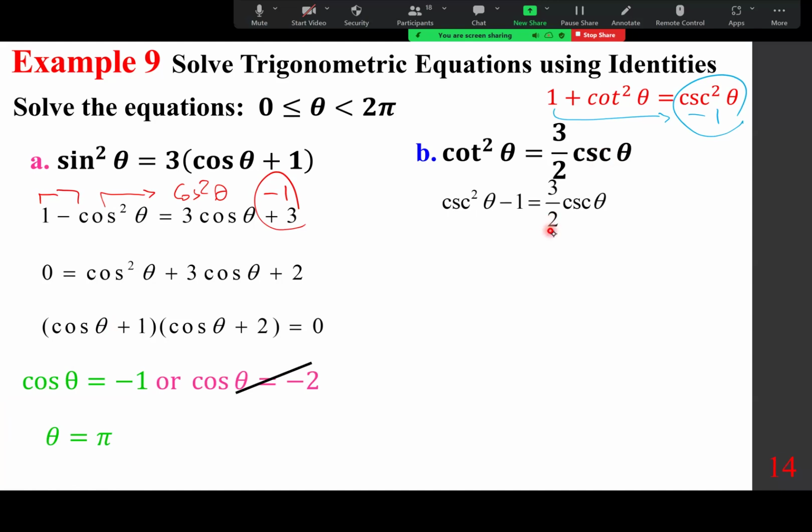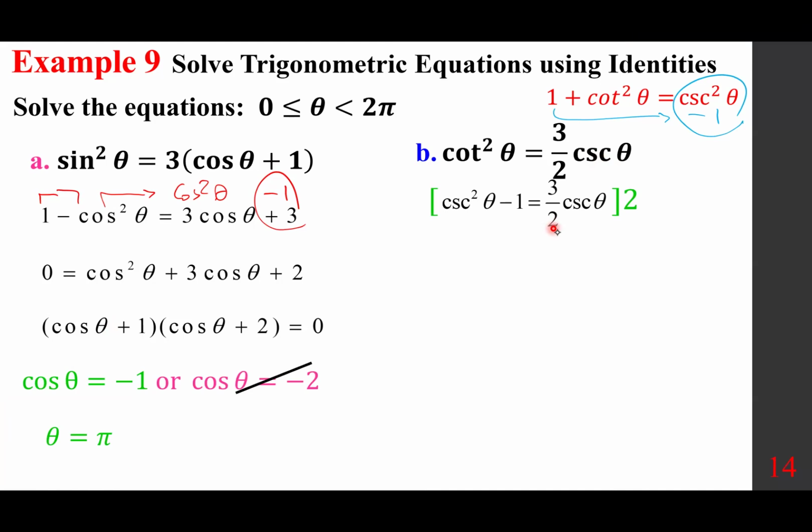And since we don't want to deal with fractions, we are going to multiply everything, both sides of the equation, by 2. So what happens?